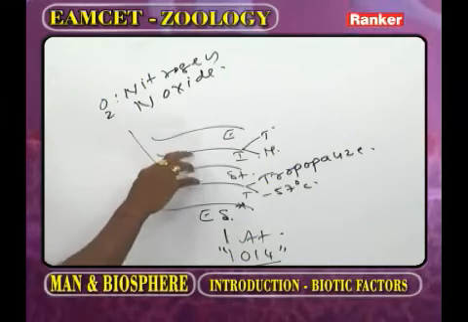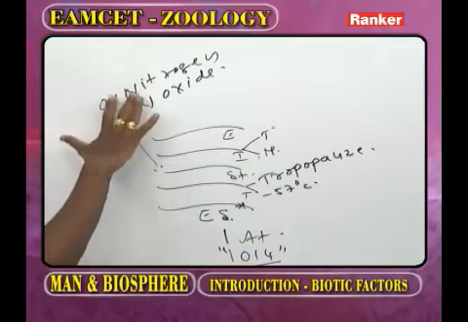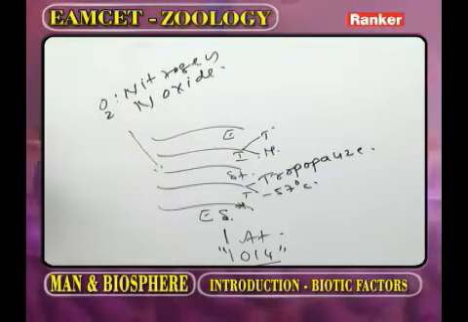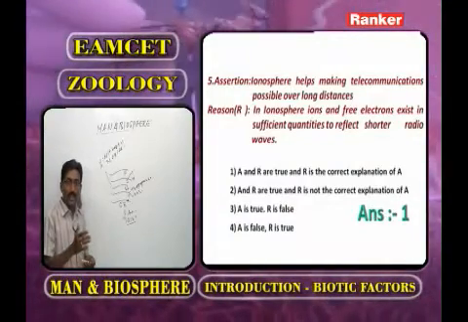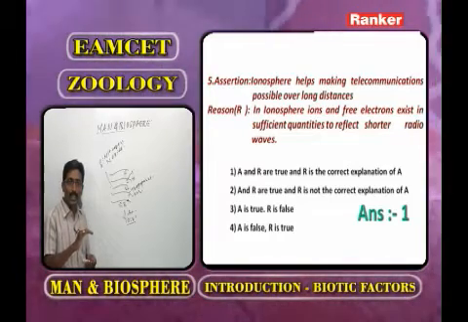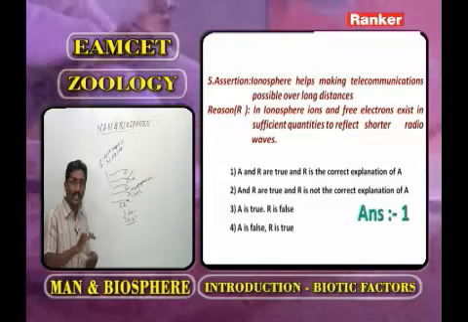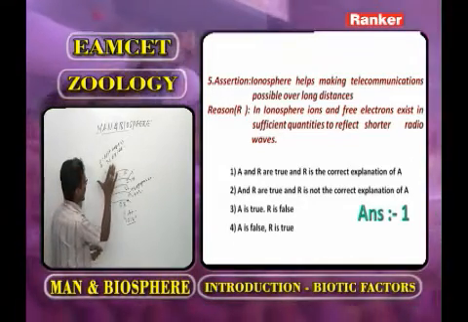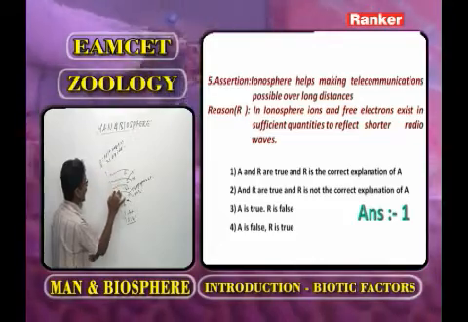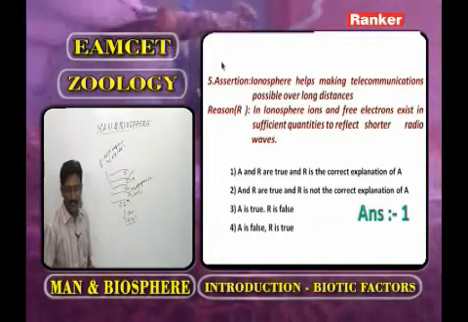They reflect the short radio waves, and because of this process the ionosphere plays an important role in making telecommunications possible between distant places. Based on this information, A and R are correct, and R explains A. Now we go for the next question.